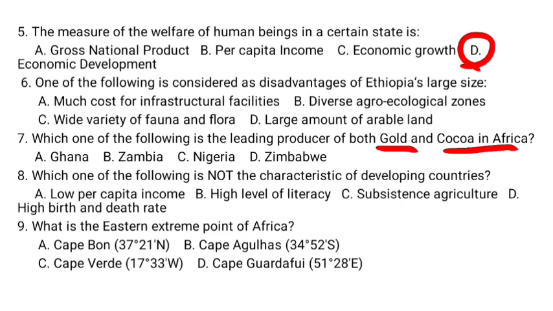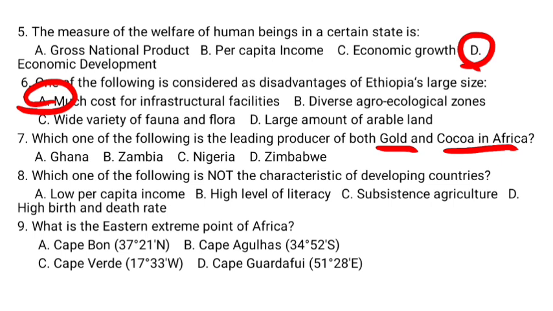But having a wide variety of fauna and flora is the advantage of having a large landmass. Diverse agroecological zones are also its advantage, not disadvantage. A large amount of arable land is also an advantage of having large land masses. As a result, A is the disadvantage of having a large landmass.